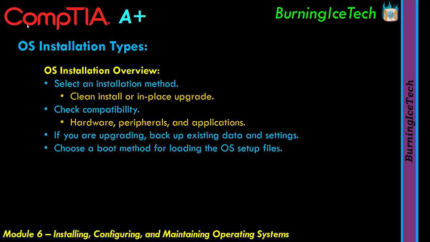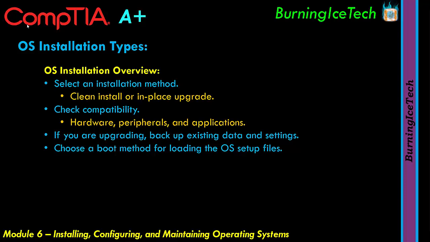The next step here is choose a boot method for loading the operating system setup files. What is meant by this is, how are you going to boot that computer? We're not talking about booting from the usual hard drive like you would normally do. That involves you already having Windows installed on your hard drive. So if you need to install Windows onto the hard drive, you're going to temporarily have to boot from someplace else.